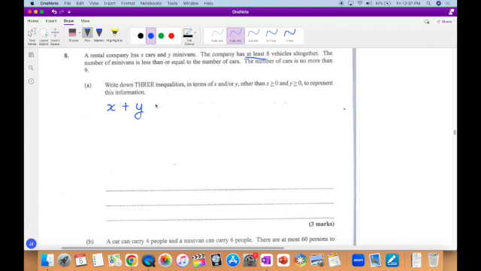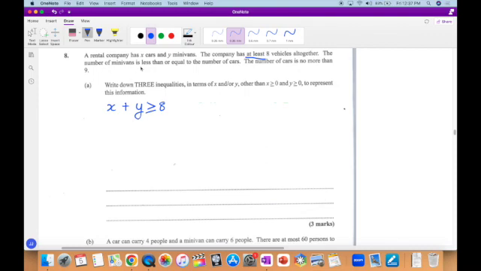So if they have at least 8 vehicles, they have 8 vehicles or more. So the number of cars and minivans has to be greater than or equal to 8.